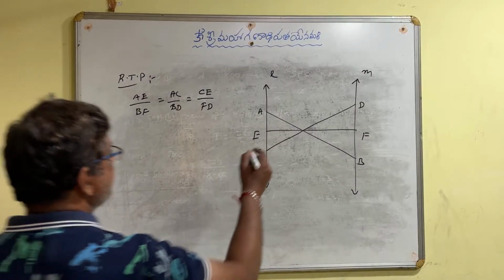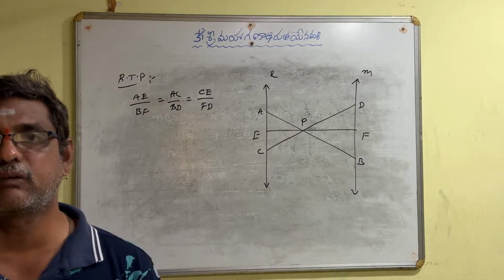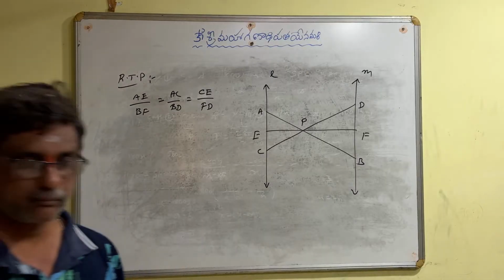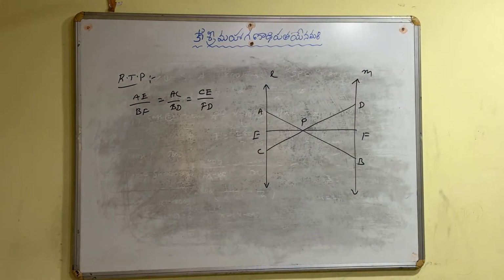And this point is P. Okay, now this is what we have to prove. Children, in the figure, how many triangles will be there? Can anyone say? How many triangles will be there?